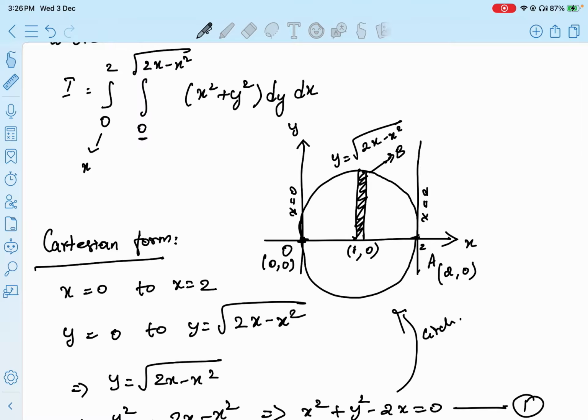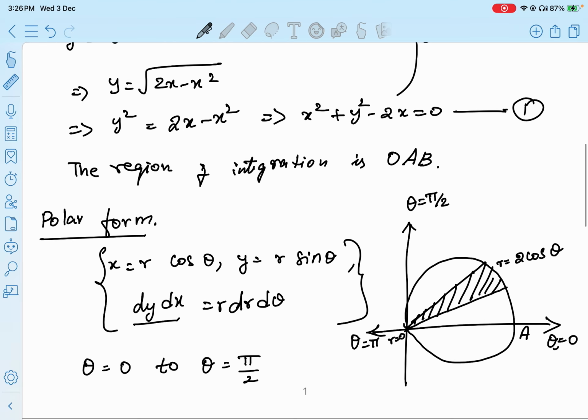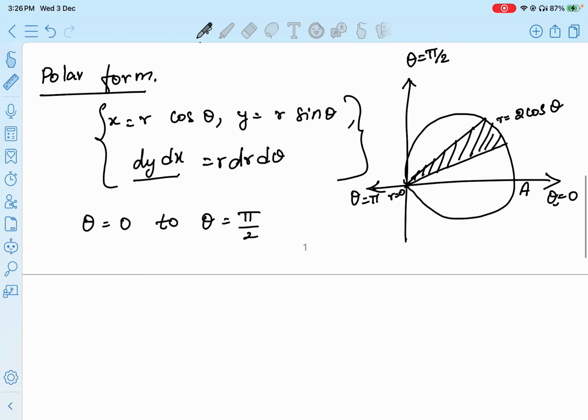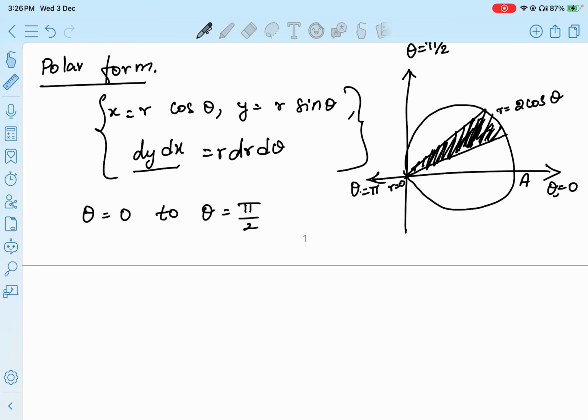What we have here is x equal to 2, so I have written r equal to 2 cos theta. So this is the shaded region.